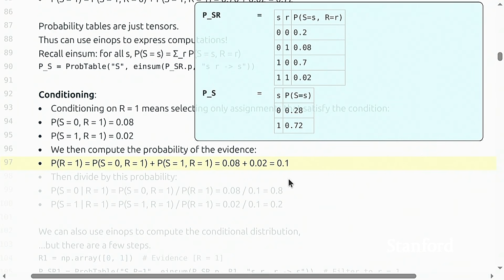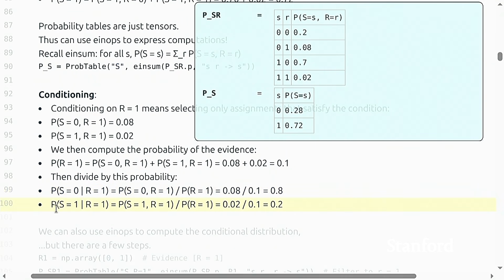And then finally, I divide by this probability. So S equals 0 given R equals 1 is the selected joint probability divided by this probability of evidence, and same for S equals 1. You can think about this as a renormalization.